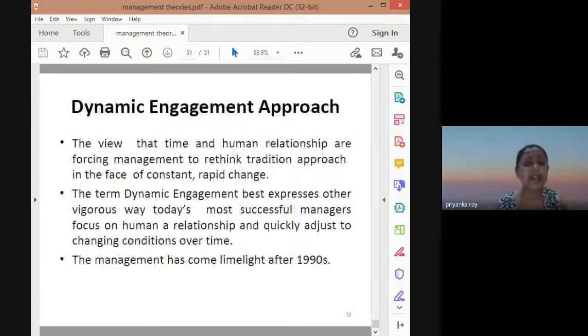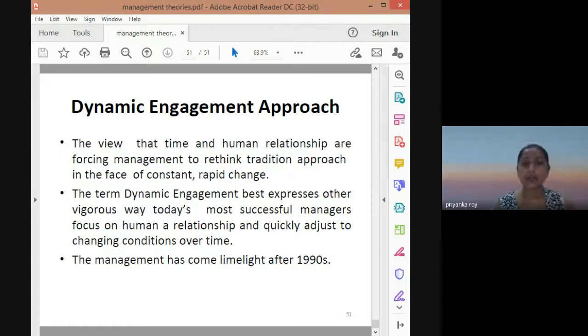Then we have the dynamic approach. The dynamic approach focuses on human relations and rethinking the traditional approach in a phase of constant and rapid change.